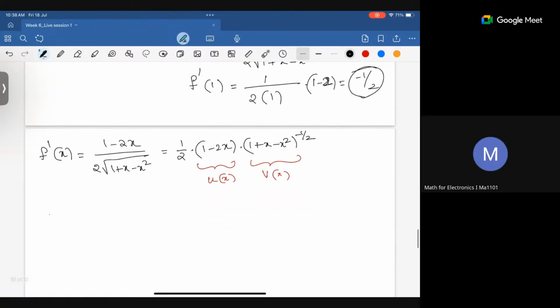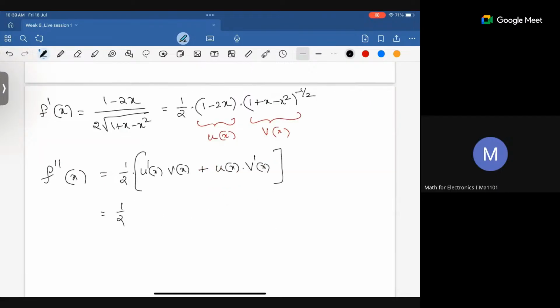If I want f double dash, or the derivative of the product, all I have to do is take the derivative of the first function, multiply it with the second function, plus take the first function and multiply it with the derivative of the second.